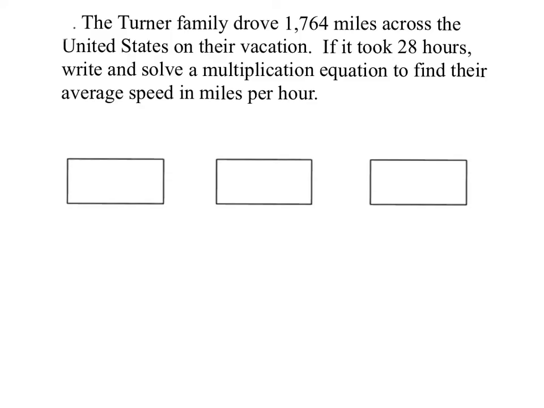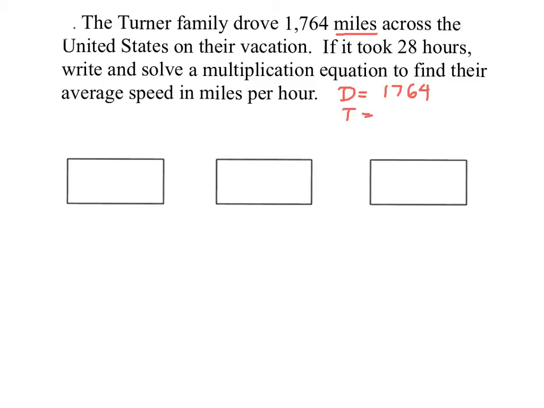So for this problem, it says the Turner family drove 1,764 miles across the United States on their vacation. It took them 28 hours. Write and solve a multiplication equation to find their average speed in miles per hour. So let's go ahead and write down the information that we have. The distance: if I read through the problem, it says miles, 1,764 miles, so that's my distance.